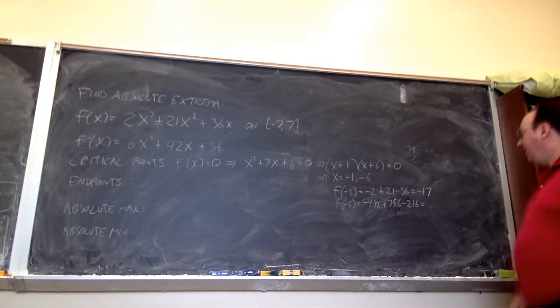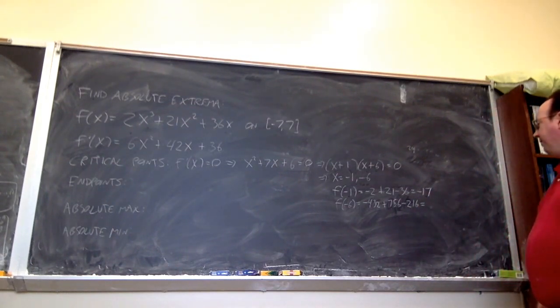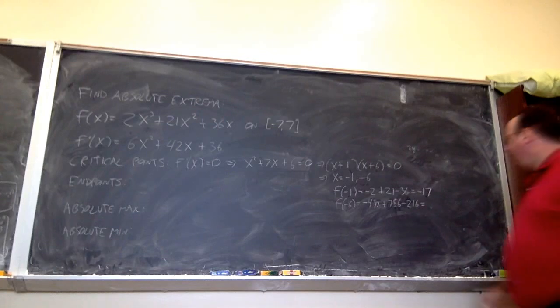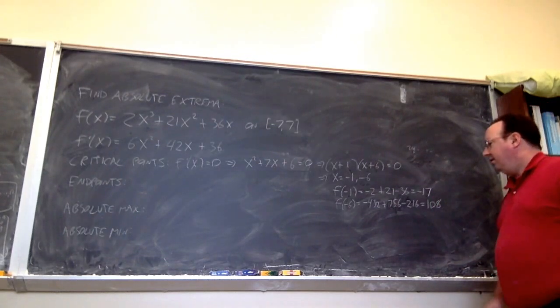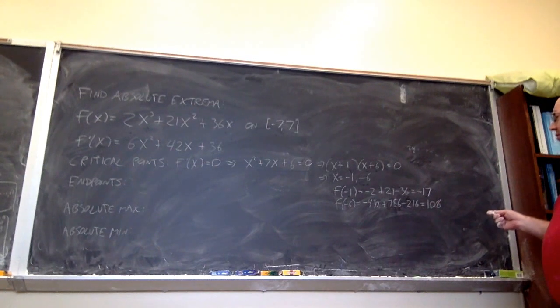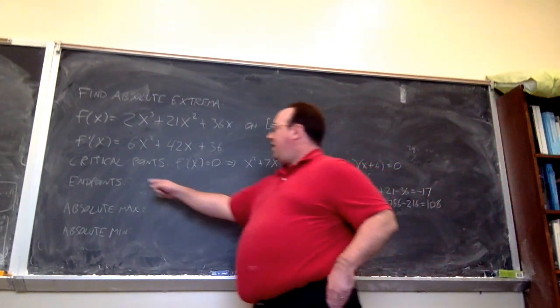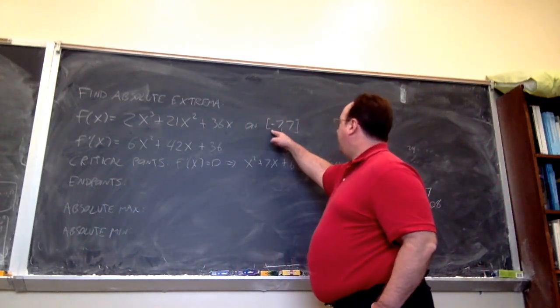So then I have 756 minus 648. So that's equal to 108. So these are values I have so far, but I don't know yet if these are the absolute max or absolute min, because you must check the endpoints of your interval, -7 and 7.